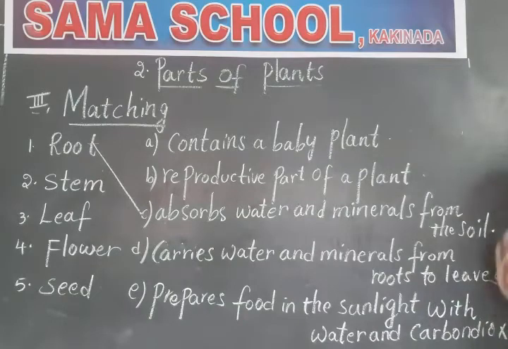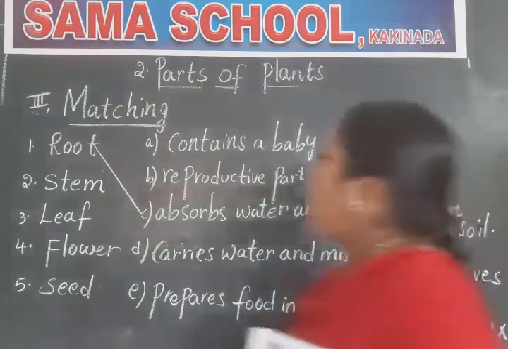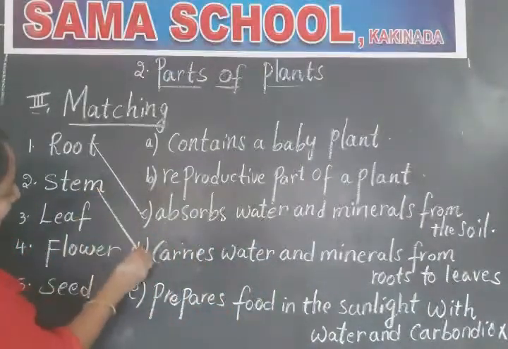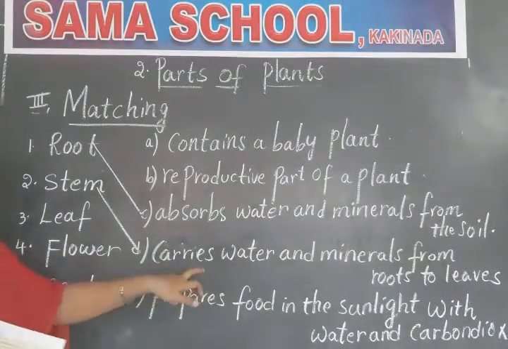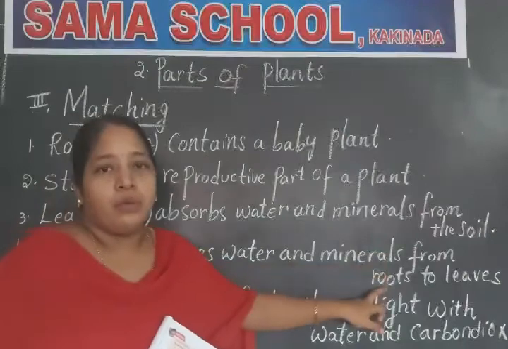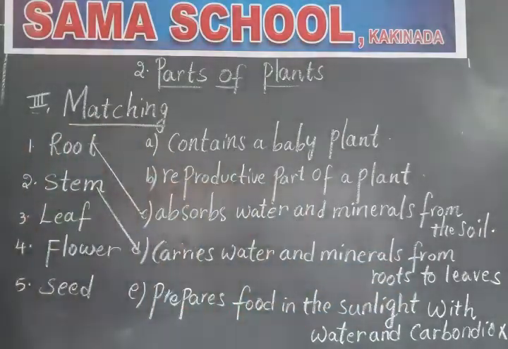And from the leaves it carries to different parts of the plant body. Clear, children? So what is the function of stem? It carries water and minerals from roots to leaves. Clear, children?